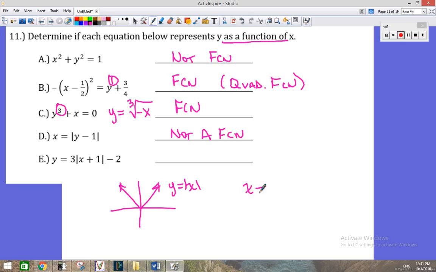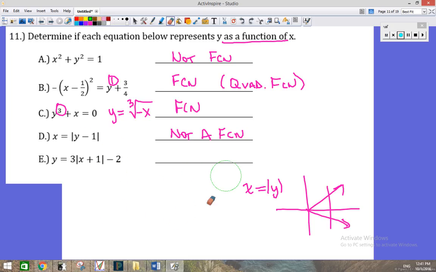When you have the absolute value of y, that is opening to the right, and that fails the vertical line test because it crosses the graph in more than one place. So all we have with the minus 1 is a shift of that thing up 1. All right, here, this is an absolute value function.